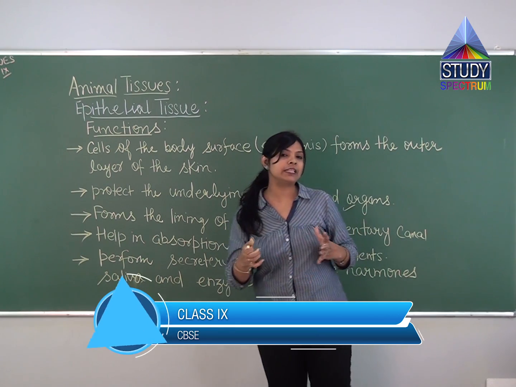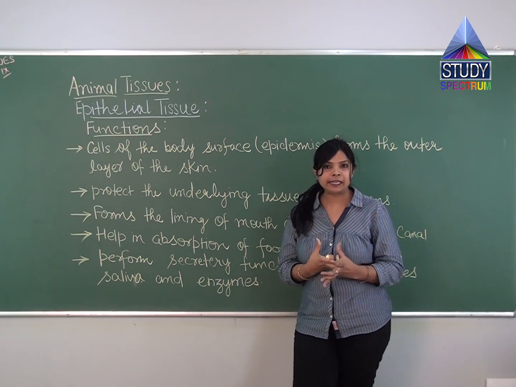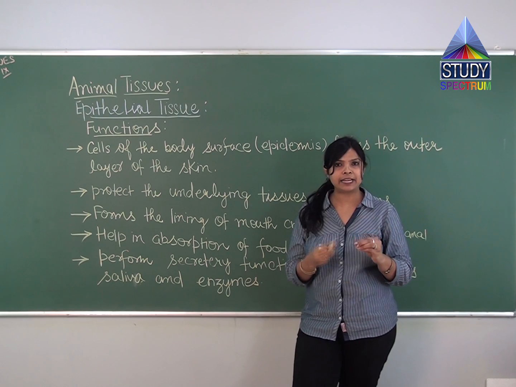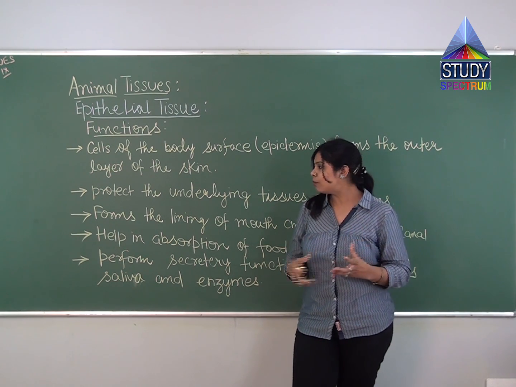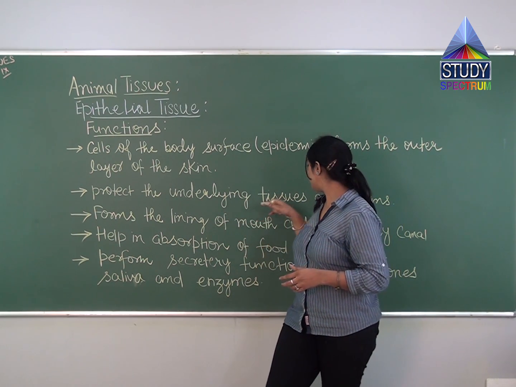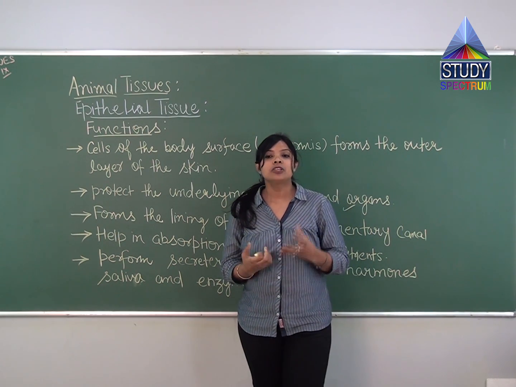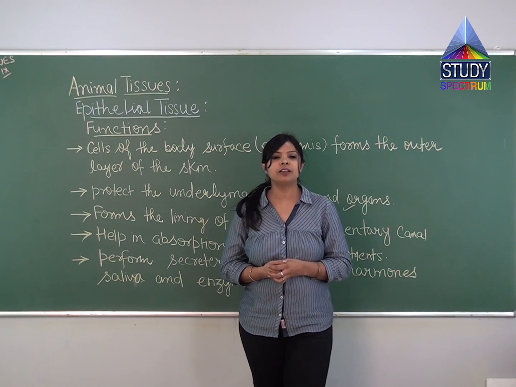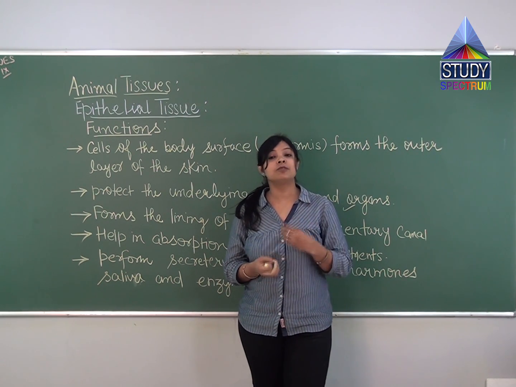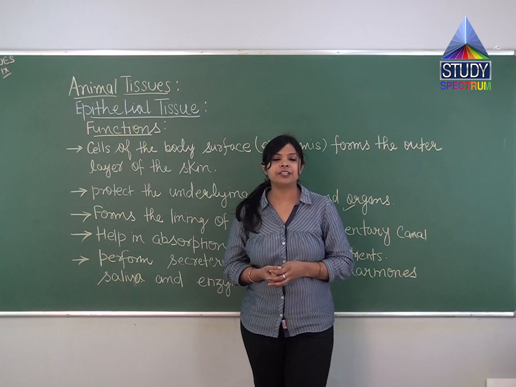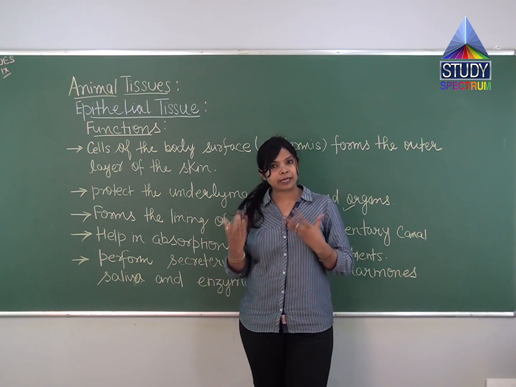These epithelial tissues are found on all the underlying parts of the body also. So what is its role? It protects the underlying tissues and organs. How do they protect the cells? As it is the outermost covering, they protect the cells from drying, different kinds of injuries and chemical effects.